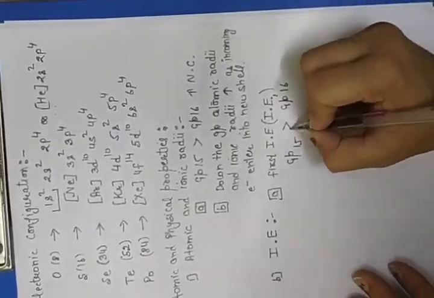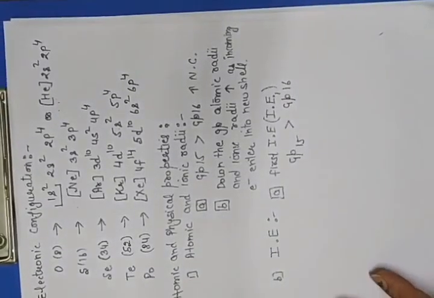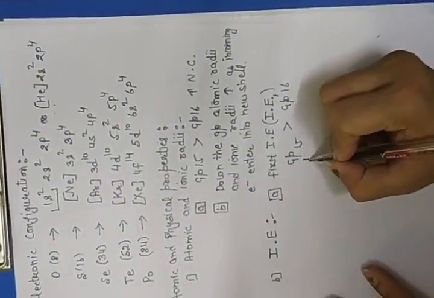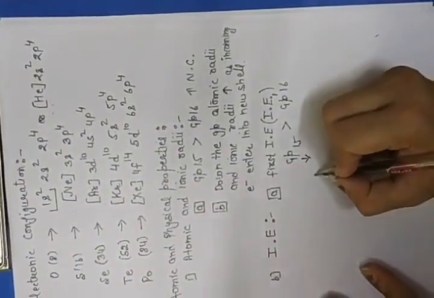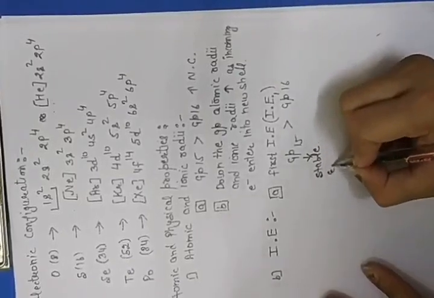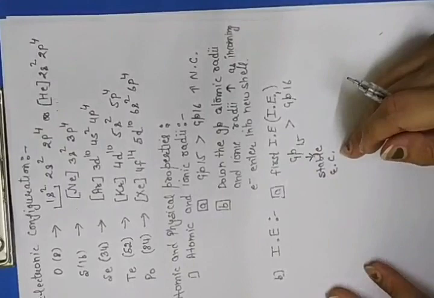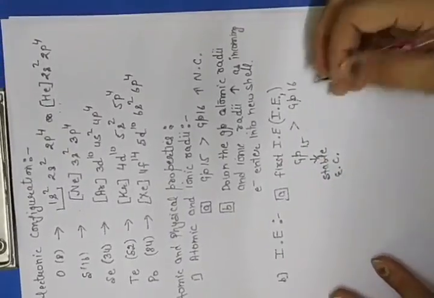group number 15 has a higher value of ionization enthalpy than group number 16. The reason depends upon the electronic configuration, as group number 15 already has a stable electronic configuration, that is a half-filled electronic configuration, hence it is not easy to release an electron.